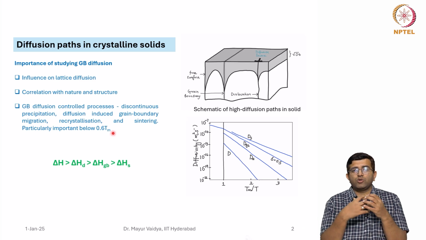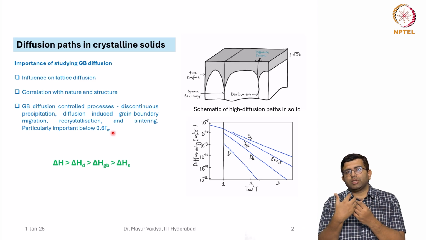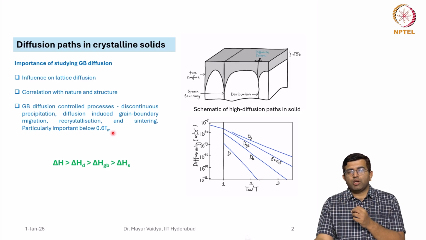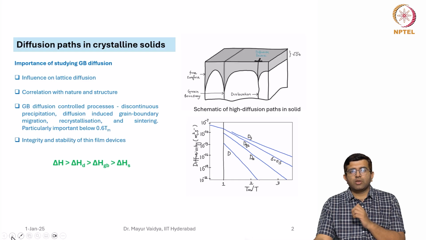When you want to develop models for the kinetics of these processes, you need the grain boundary diffusion coefficients as important inputs. So, for all these reasons, it is very important to understand the grain boundary diffusion. It is fairly complex, though. The mathematical treatment, I will explain why, and what is the major complexity.